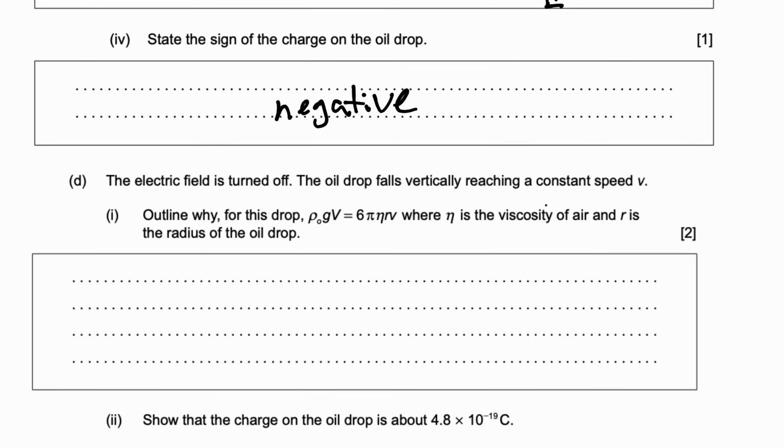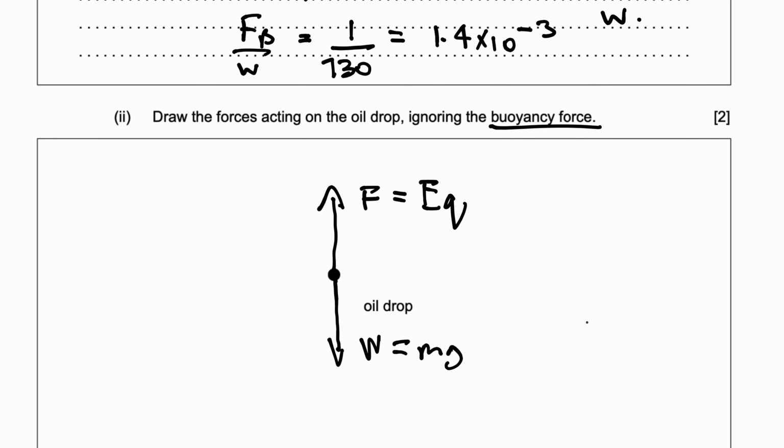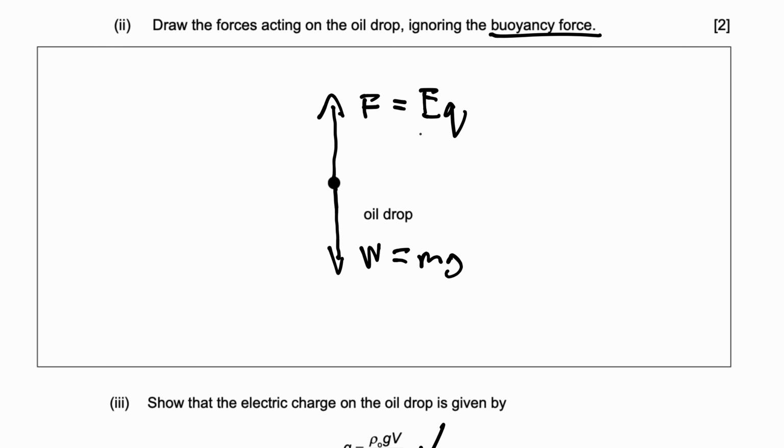Okay. The electric field is turned off. The oil drop falls vertically, reaching a constant speed v. Explain why for this drop, rho gV is equal to 6 pi eta rv, where eta is the viscosity of air and r is the radius of the oil drop. So this is what we need to understand. Going back to this previous diagram, the electric field is turned off, so now we no longer have this EQ.